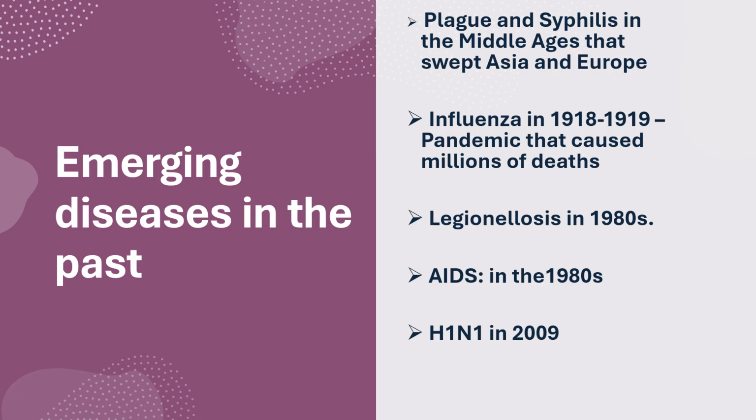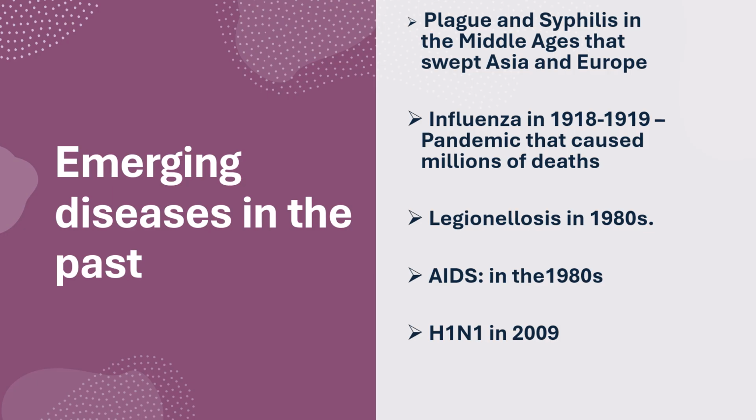Let us look at some of the emerging diseases in the past. In the Middle Ages, that is from the 5th to the 15th century, we have all studied and heard of the plague and syphilis that swept through Asia and Europe.